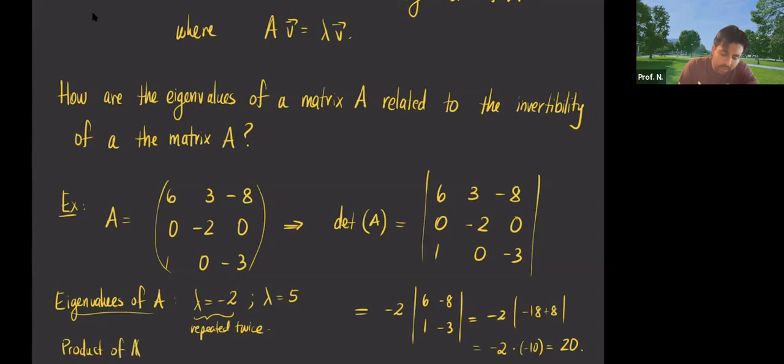Well, if I multiply all of them with the repeats, I get -2 squared times 5, which is what? 20 as well. So is that a coincidence?